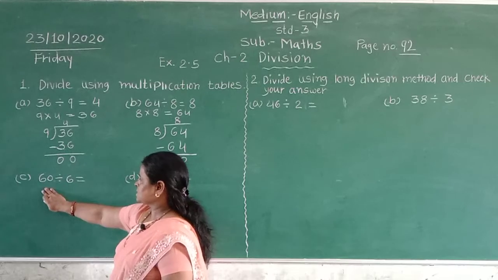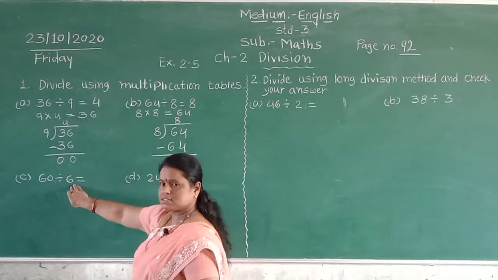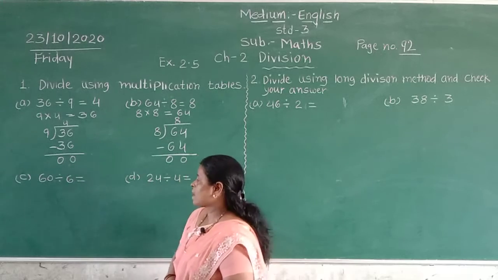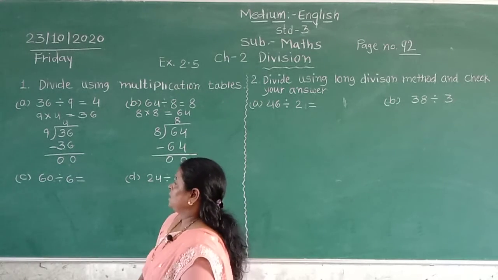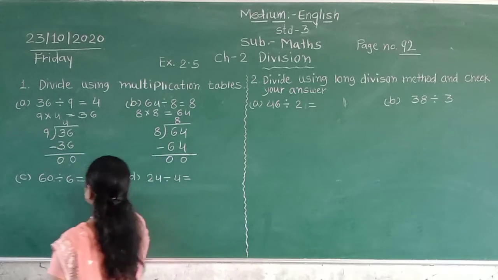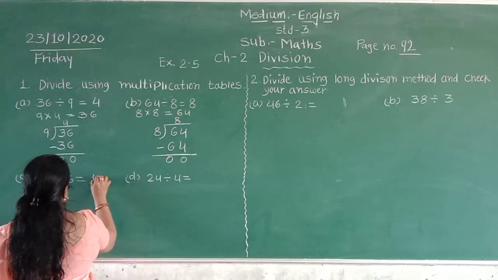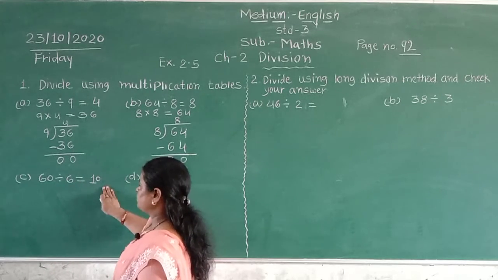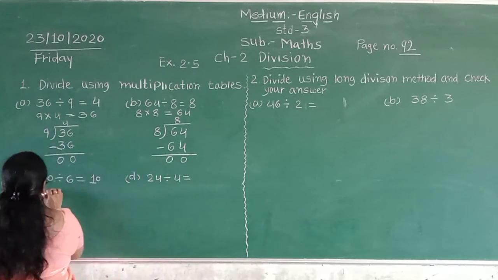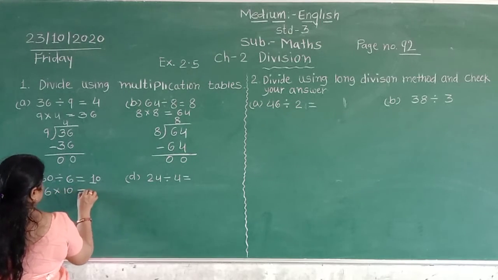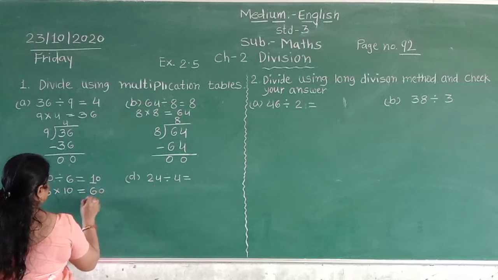Next sum, 60 divided by 6. So how many times does 60 come in table of 6? 6 tens are 60. So here we write 10. So we say table of 6, 10 times comes 60. 60 multiply 10 equal 60.